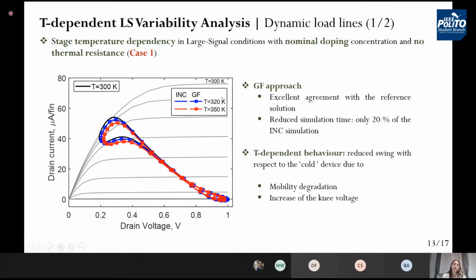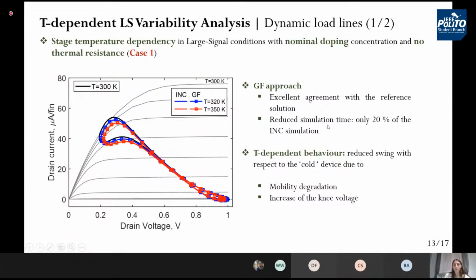Here we have the stage temperature dependency, but in large signal conditions. We can notice that even in this case, there is an excellent agreement, and the solution obtained with the Green's function approach has a reduced simulation time with respect to the other one.